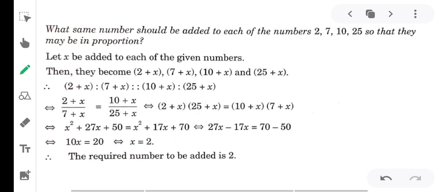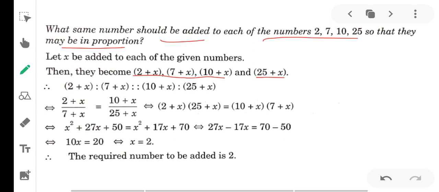What same number should be added to each of the numbers 2, 7, 10, 25 so that they may be in proportion? Okay, so let x be added to each of the given numbers so that they are in proportion. So now they become 2 plus x, 7 plus x, 10 plus x, and 25 plus x.